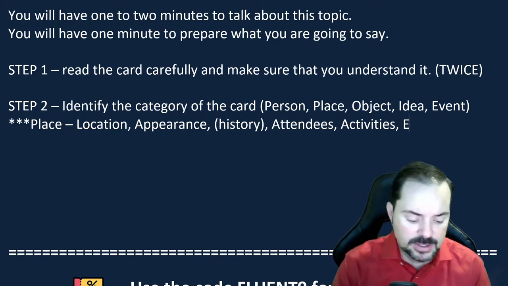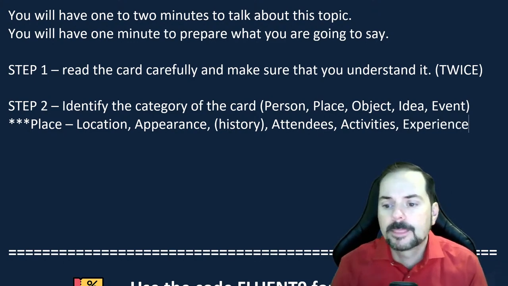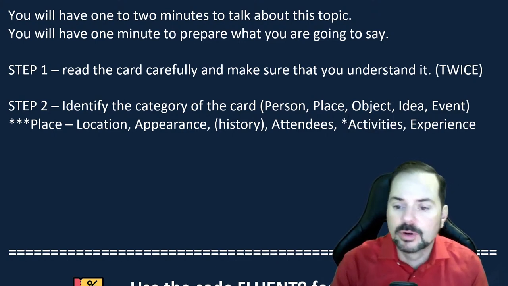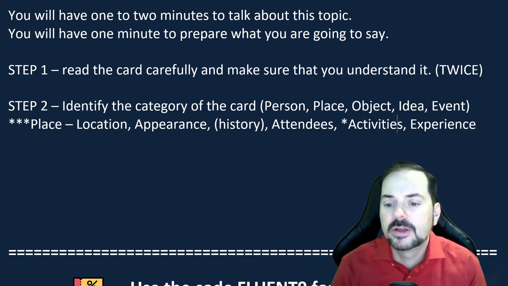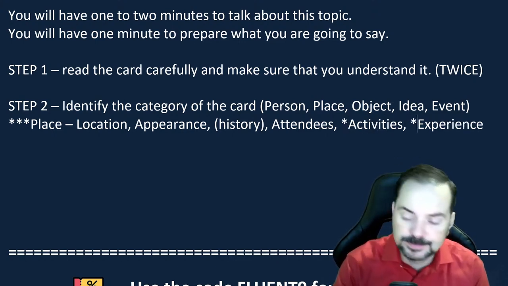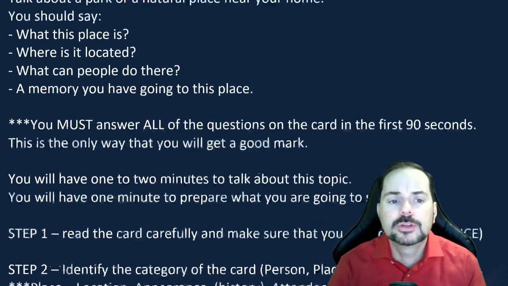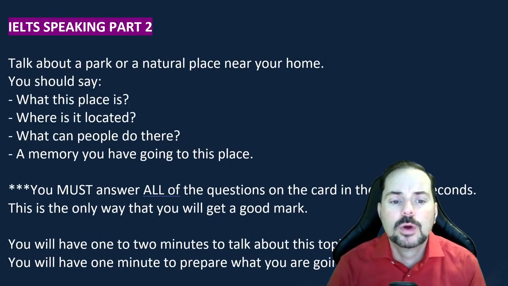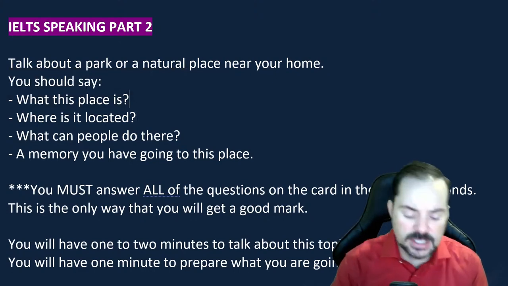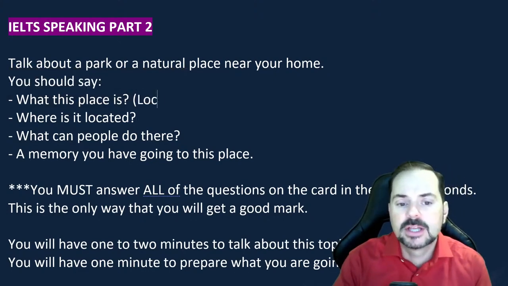And then experience. Okay, activities and experience are very important, so that's where you want to give a little bit of extra attention. Okay, if we look at the cue card question, it says what this place is. What this place is, if you think about it, is like location and appearance.